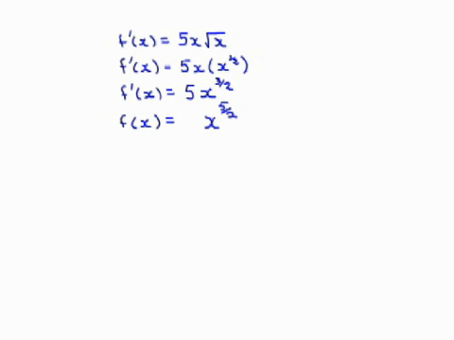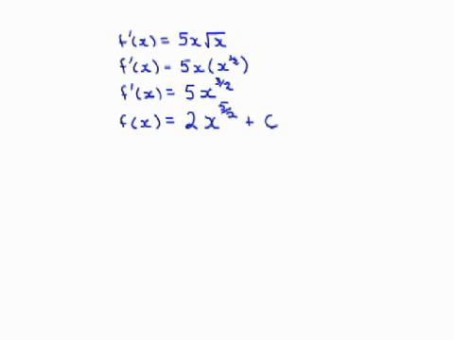And now I take that 5 divided by 2 and I divide it into my old coefficient, which was 5. 5 divided by 5 divided by 2 is the same as 5 multiplied by 2/5, which is going to give me 2. So f of x is going to equal 2 times x to the 5 divided by 2 plus c.